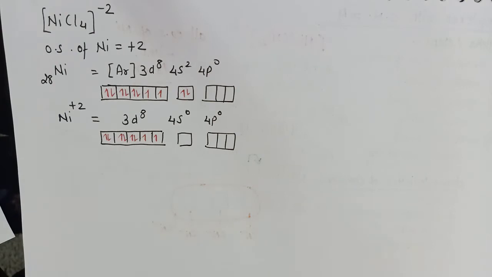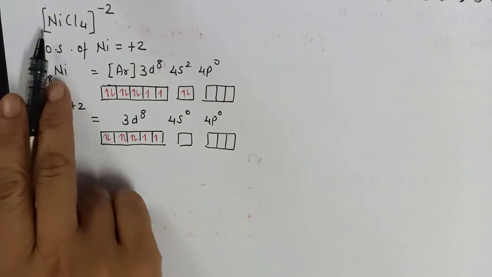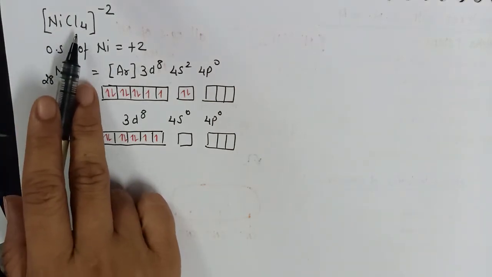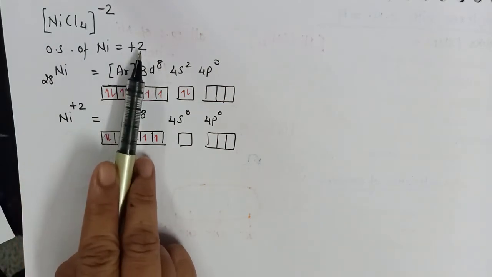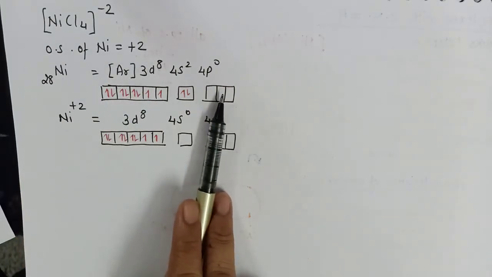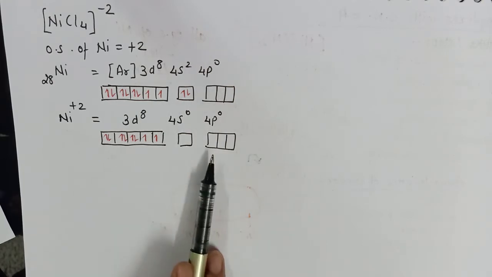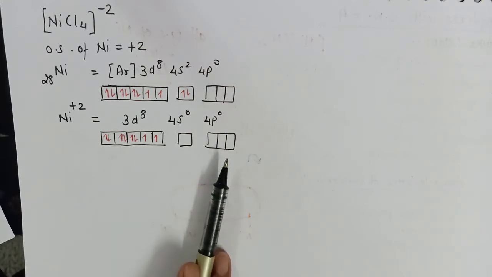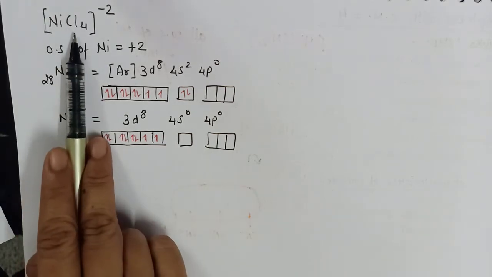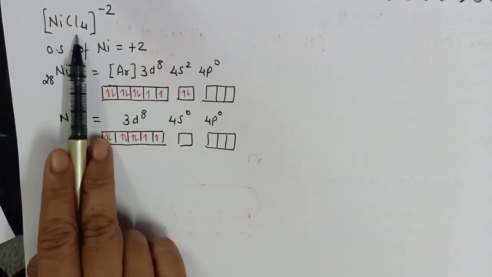The next example we are going to discuss is again that of nickel but with chloride as a ligand. First step, to calculate the oxidation number, go through its electronic configuration according to its oxidation state. Now we'll focus on the ligand. The approaching ligand is chloride, which is a weak field ligand.